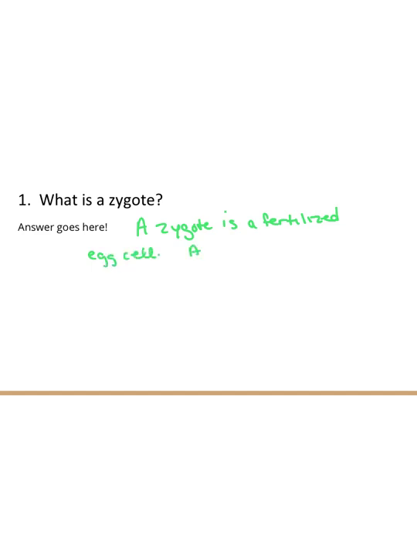So after the sperm and the egg come together, they form a complete cell called a zygote.